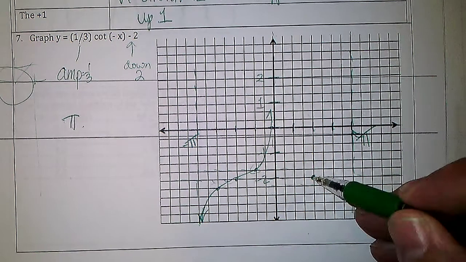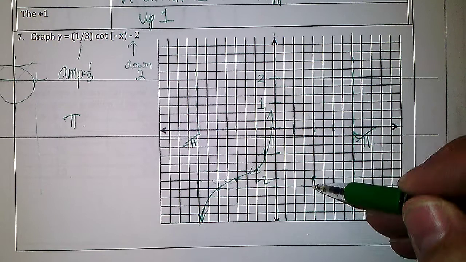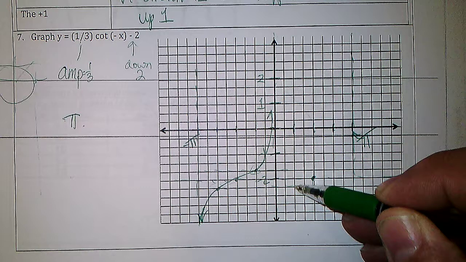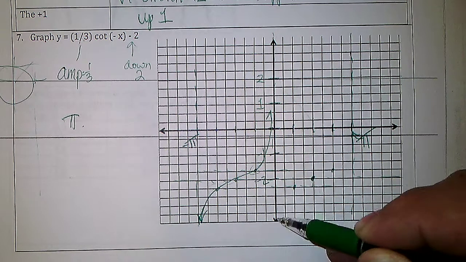And once again here, if I go halfway between the asymptote and where it's the middle, halfway at the quarter, it's down a third, and halfway, it's up a third.